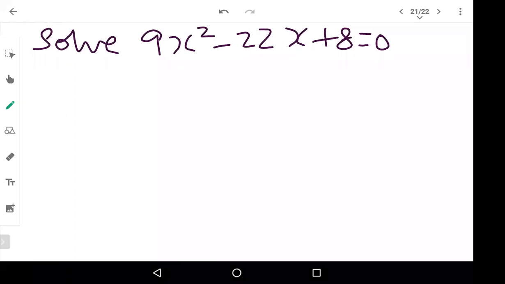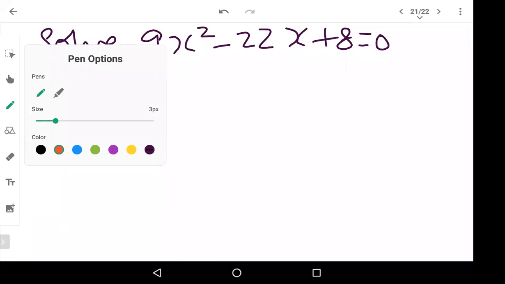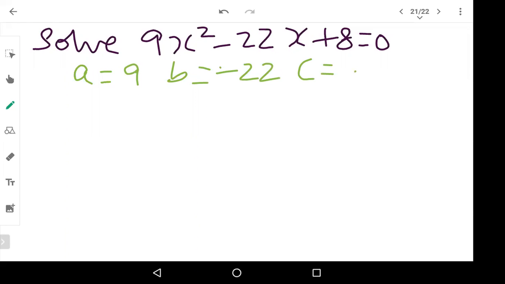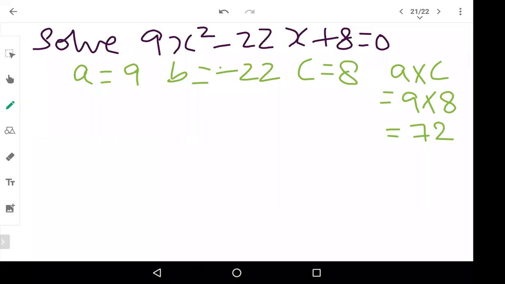Here, define what is ABC. A is equal to 9, B is equal to minus 22, C is equal to 8. Right? Okay. Now, A into C is nothing but 9 into 8, where you'll get 72. Now, can you find the factors?